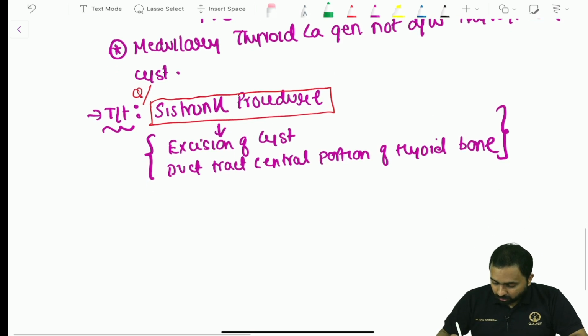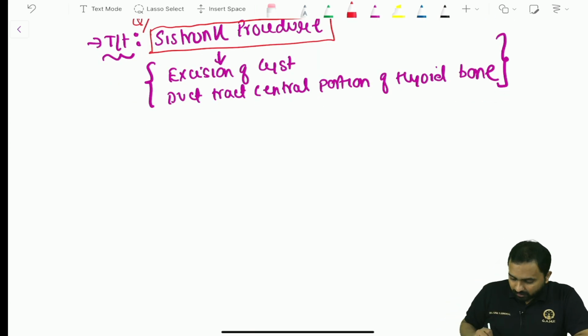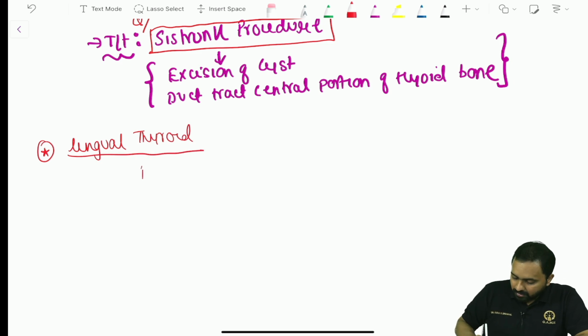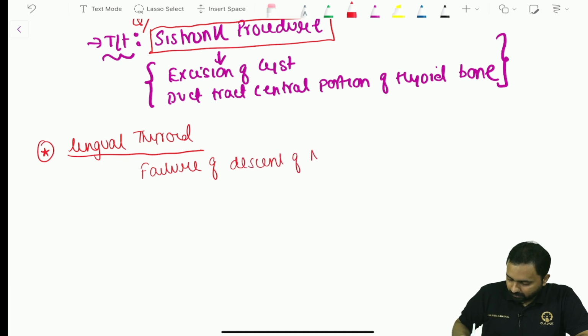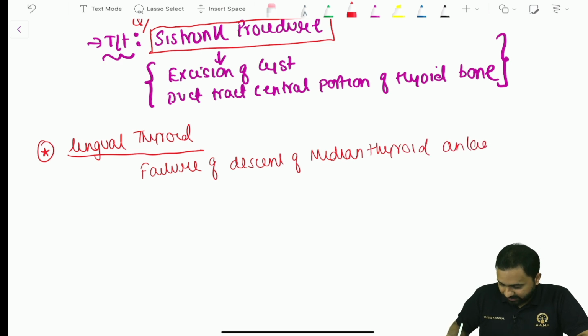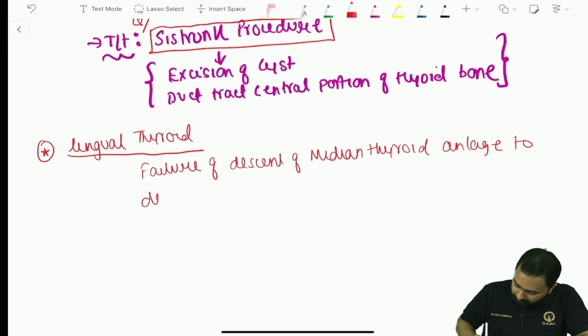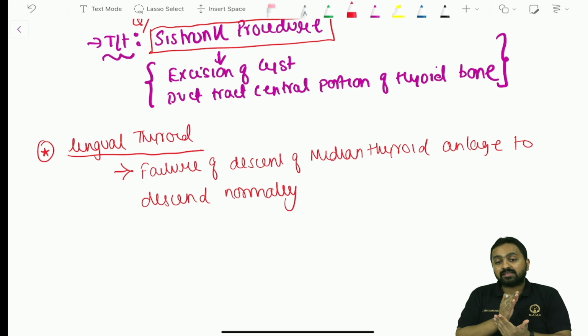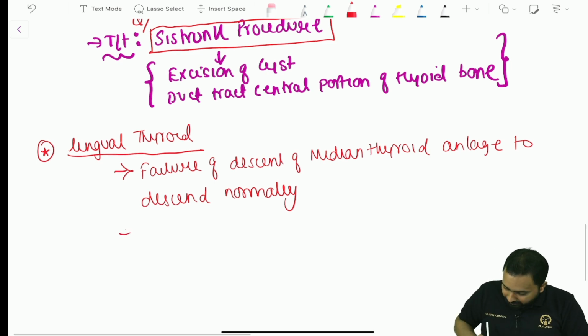Now apart from your thyroglossal cyst, another important point is your lingual thyroid. What is your lingual thyroid? This is the failure of the median thyroid anlage to descend normally, and sometimes it might be the only thyroid tissue present.